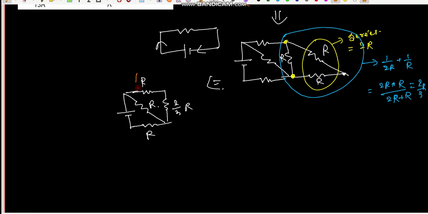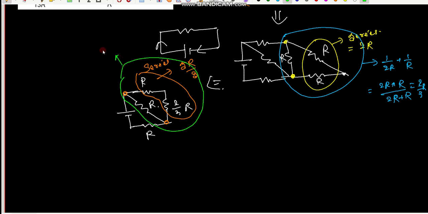This combination is 5R by 3, because they're in series combination. Why? Look at the potential here. This is just one part. So this 5R by 3 and this R are in parallel connection. Let's club them now.